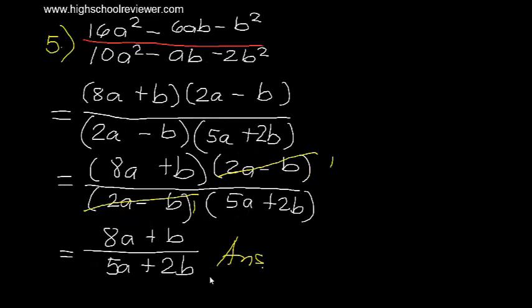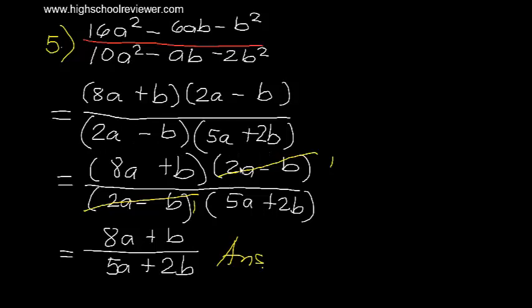Number 5, 16a squared minus 6ab minus b squared all over 10a squared minus ab minus 2b squared. The factors of our numerator will be the quantity of 8a plus b multiplied by the quantity of 2a minus b, and the factors of our denominator, the quantity of 2a minus b multiplied by the quantity of 5a plus b.